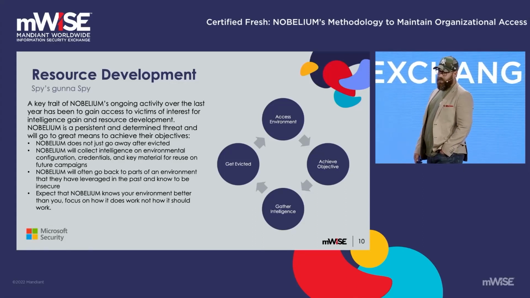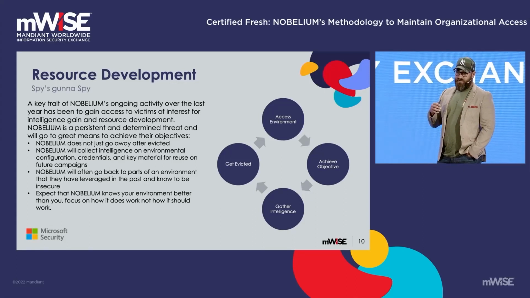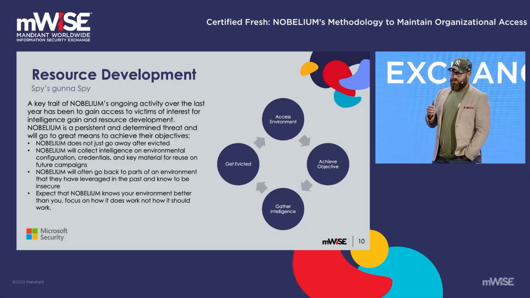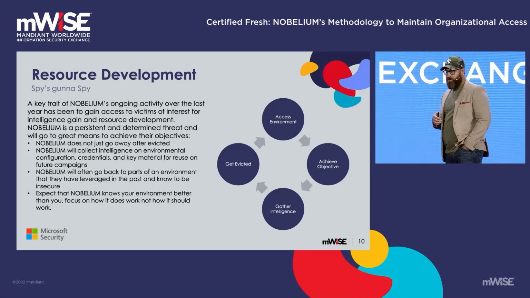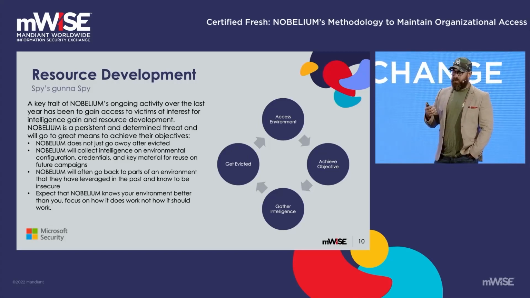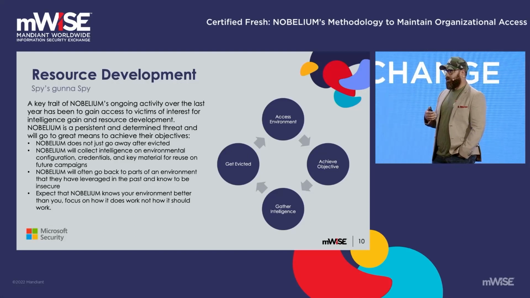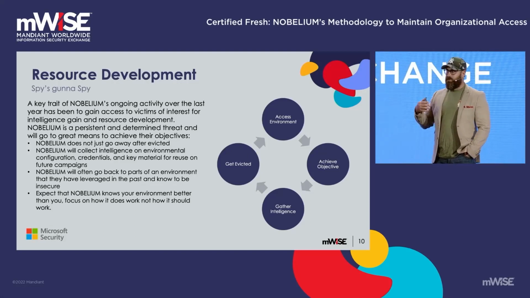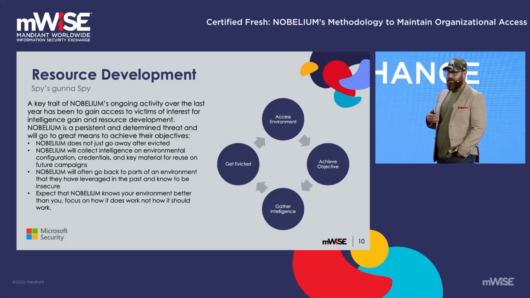The interesting thing about NOBELIUM that we traditionally see is they know where your weak points are, and they leverage those weak points time and time again until you fix them. A lot of customers don't even go through and look through their audit reports for their known vulnerabilities. So when you're looking through your Nessus scans and patching, this actor knows where those vulnerabilities are, and they will leverage and use them.